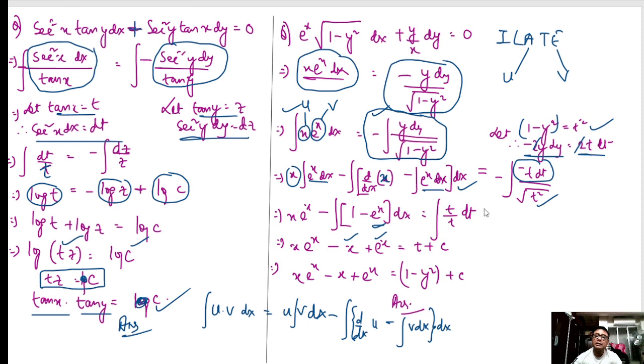So this is t and t cuts. So integration of only dt is t. And now replacing the value of t, 1 minus y square. So this is our solution. This is the differential equation's answer. Clear?